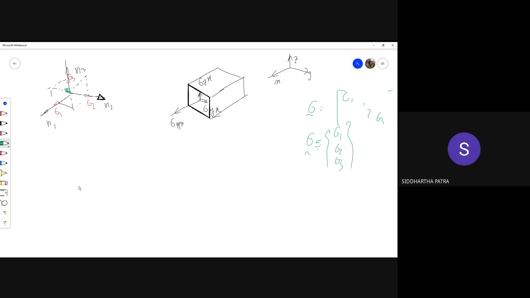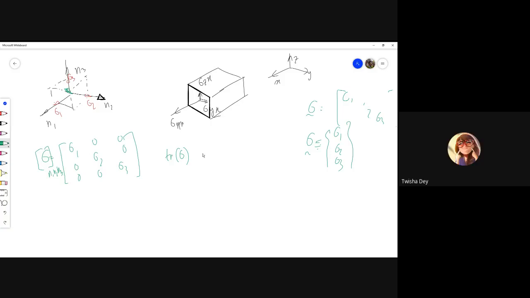One more thing. If a matrix in any coordinate system looks like this, okay, what is the trace of this matrix? What is the trace of sigma?